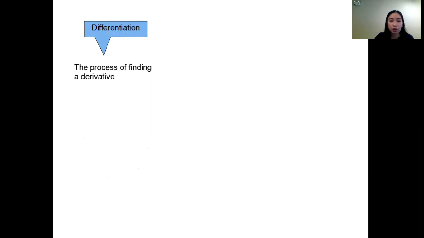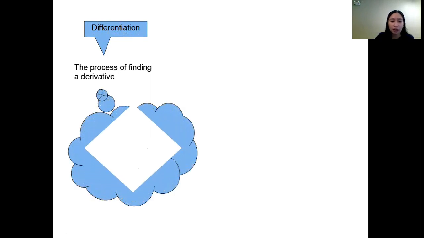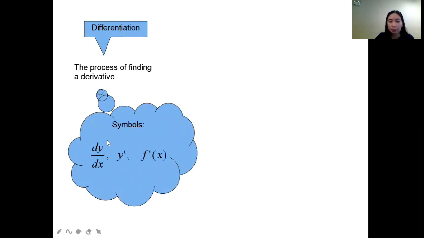So for differentiation, the process of finding a derivative, these are the symbols or notations. So dy dx is the one used for differentiating. Then y prime or f prime of x. So those are its symbols.